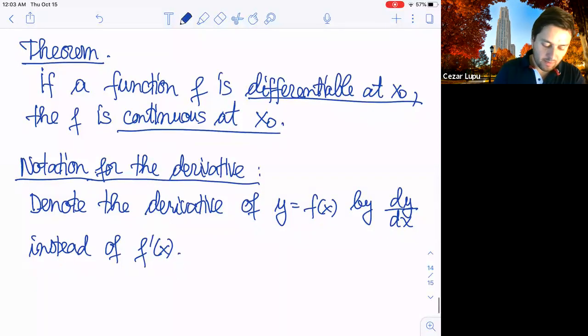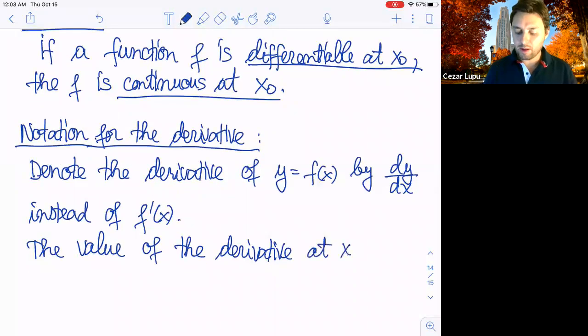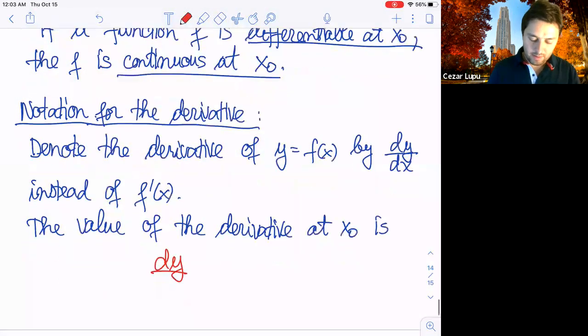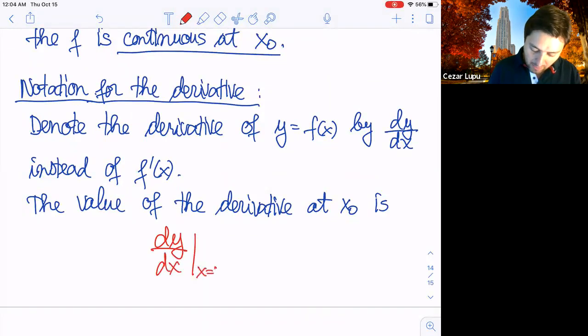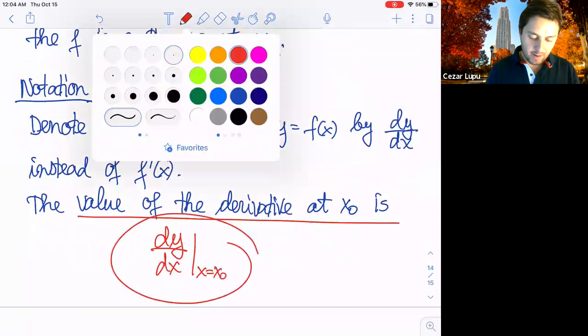And we can say that the value of the derivative at the point, let's say x naught, we can write it in this way, dy over dx at the point x equals x naught. So this is how we can write the value. And I will leave it to you as an example. There's one example in my notes, and I'll leave this to you to do.